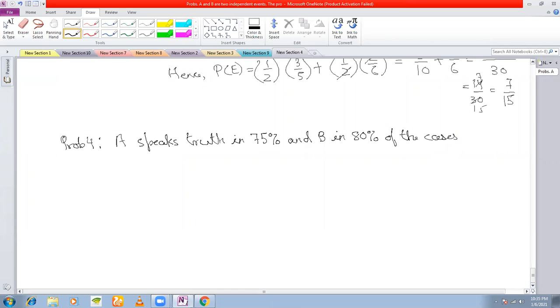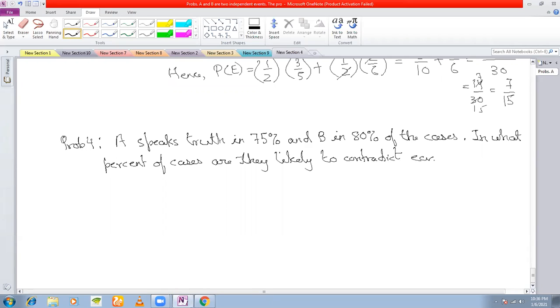In what percent of cases are they likely to contradict each other in narrating the same incident?